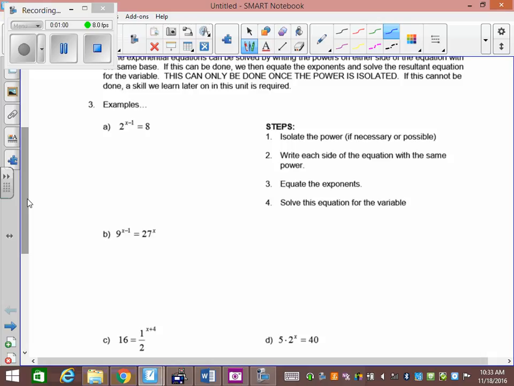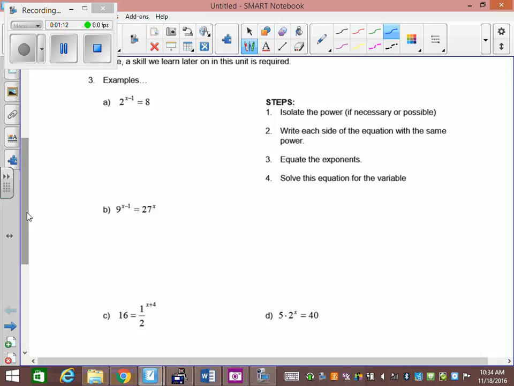The steps: isolate the power. Write each side of the equation with the same power. Equate the exponents and solve the equation for the variable. So 2 and 8. If I said this to you as an aside, 2 to the x equals 2 to the 3. What would you tell me x would have to equal in order for that to be true? 3.